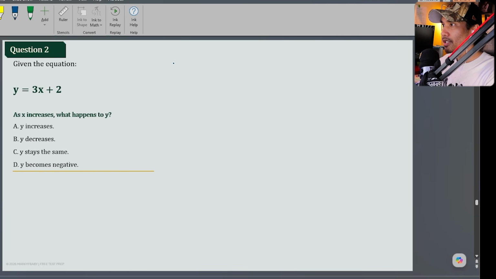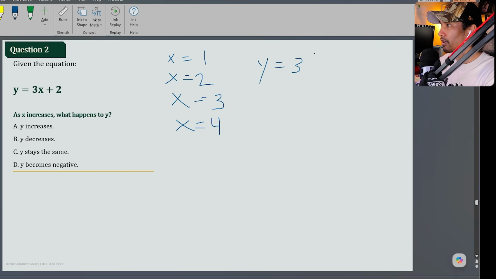So I am going to choose x equaling 1, because we want to choose numbers that will increase, right? So we'll choose x equaling 1, x equaling 2, x equaling 3. We'll even go x equaling 4, but maybe not, because you'll see the pattern. So y is equal to 3 times 1 plus 2.